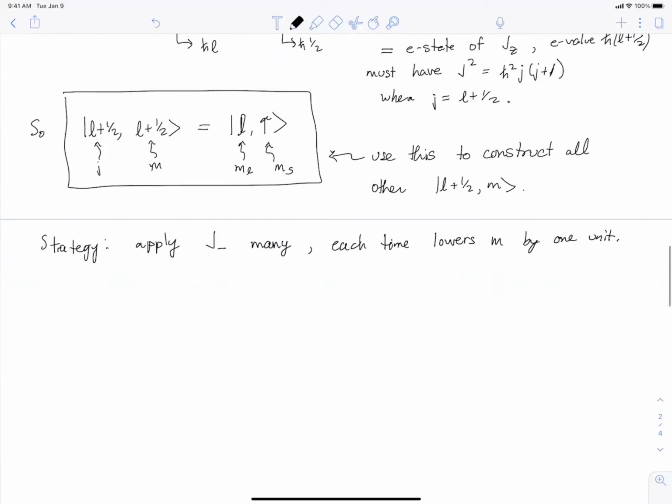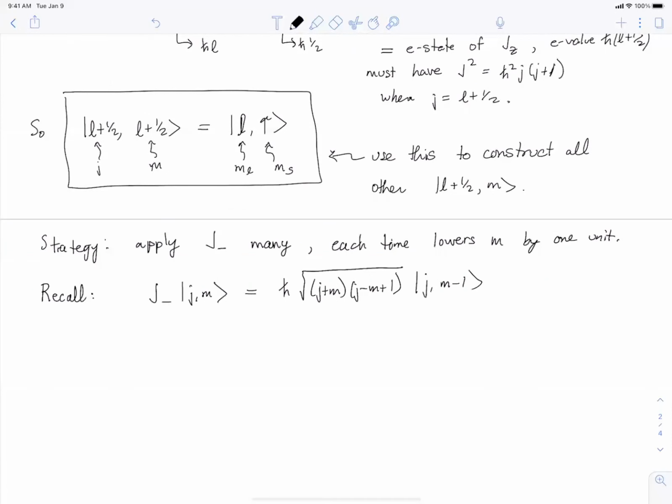So the key formula that we're going to need, that we're going to apply over and over again, is this: J minus acting on an angular momentum eigenstate is equal to h bar square root of (J plus M) times (J minus M plus 1) times the same state with M lowered by 1, as promised.